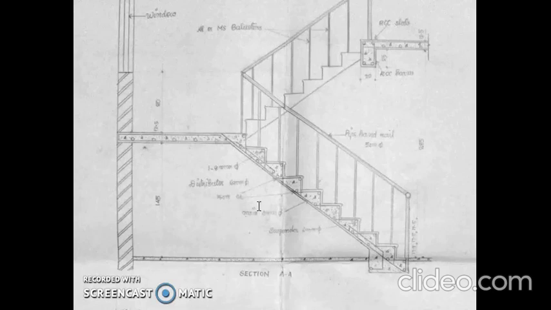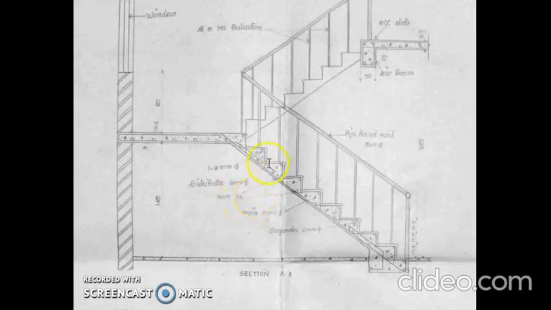So we need to identify in what shape and up to which length the reinforcements are there. So we specify the distribution bars as small circles, and the main bars as lines.